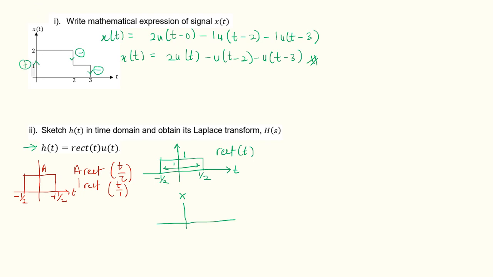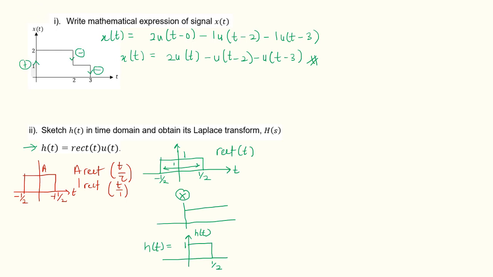Ut has a positive amplitude at positive t, while negative t will be 0. When you multiply these two signals, you get rect t ut with only the positive side, up to 1 over 2. The magnitude is 1. Therefore this is your ht.